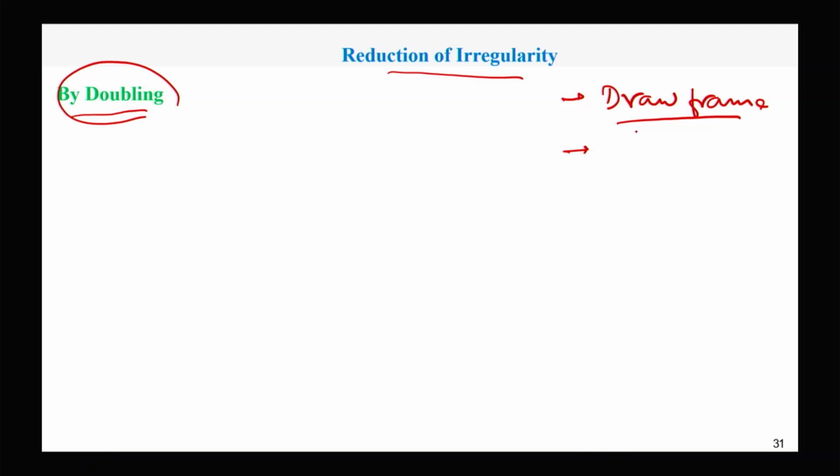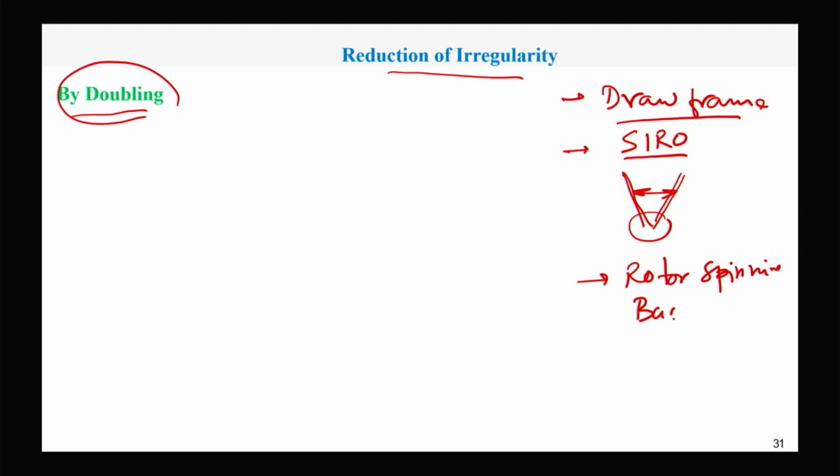Similarly, in gyro spinning, two strands of roving are doubled at the back roller, which results in reduction in CV. And in rotor spinning also, it is called back doubling.